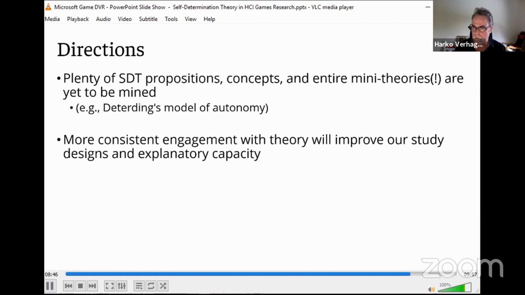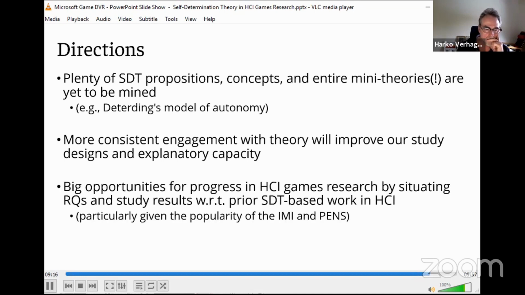And I think more generally, it's important to emphasize that more consistent engagement with theory, self-determination theory or otherwise, will improve our study designs and explanatory capacity. If we can have reasons for doing things that are grounded in a consistent theory, or a combination of theories, it helps us move forward as a field.